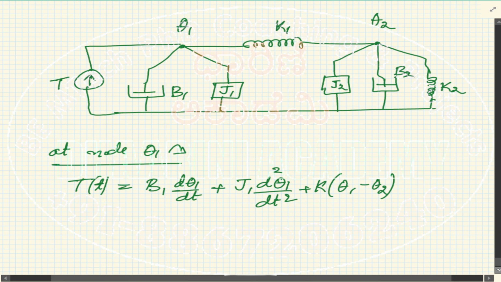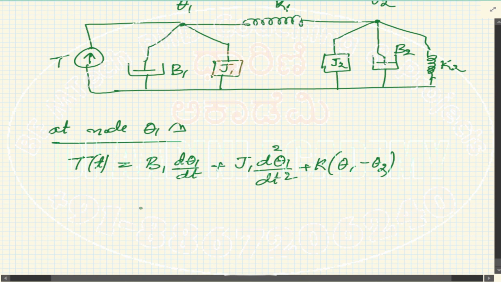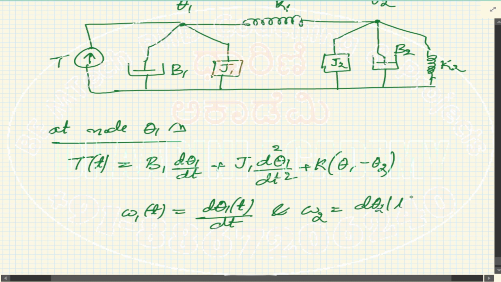Now the substitution that we are going to make: because we had displacement, we converted into velocity. Now the angular displacement should be converted into angular velocity, right? So we use omega 1 of t is equal to d theta 1 of t by dt, and omega 2 will come into picture wherever we see d theta 2 by dt, correct?